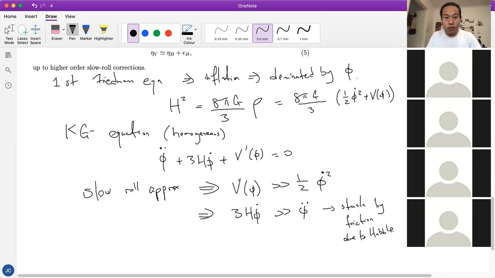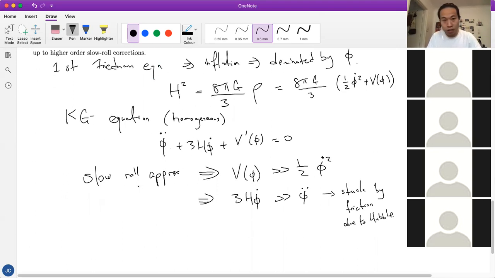Okay, so with these two approximations added, you can simplify the Friedmann equation and Klein-Gordon even further. Your Friedmann equation wouldn't have this kinetic term at all. If you assume this is a really big difference, then you can treat it with just the potential term. So that means your h squared in this regime is approximately just 8 pi G on 3 v of phi.